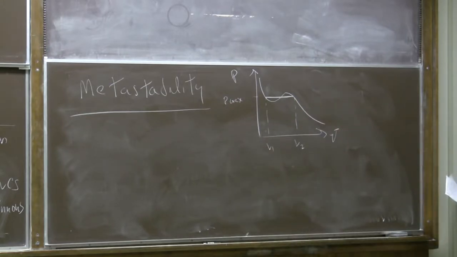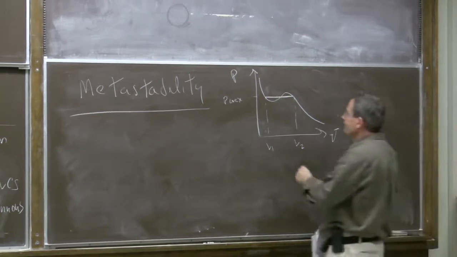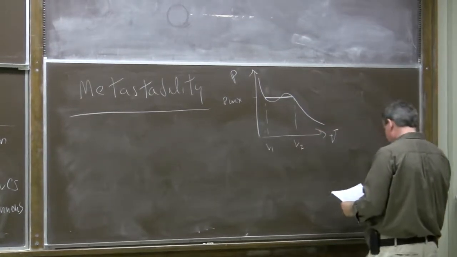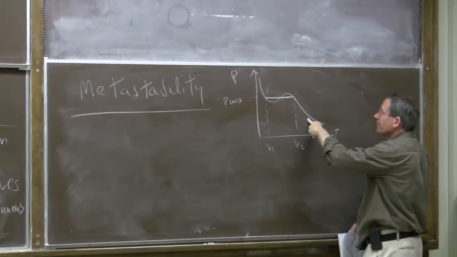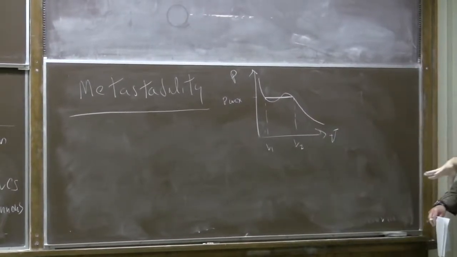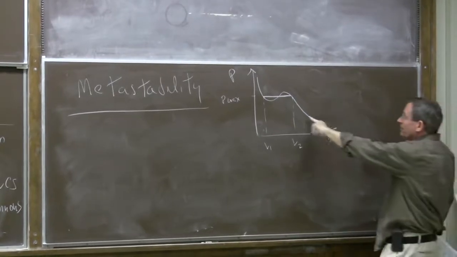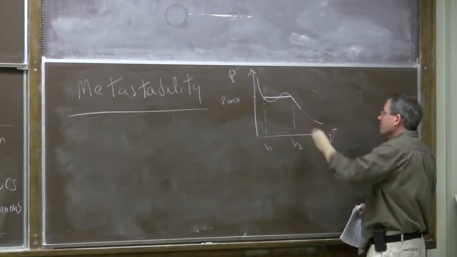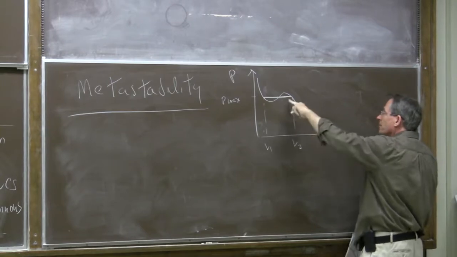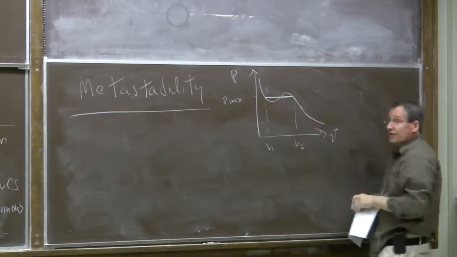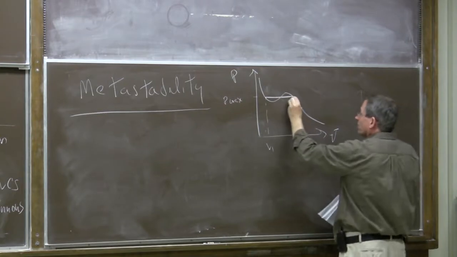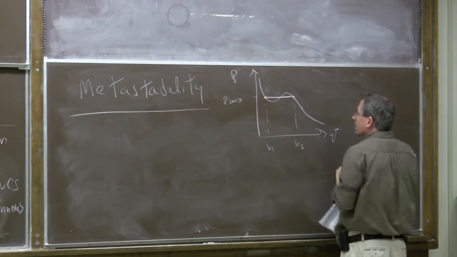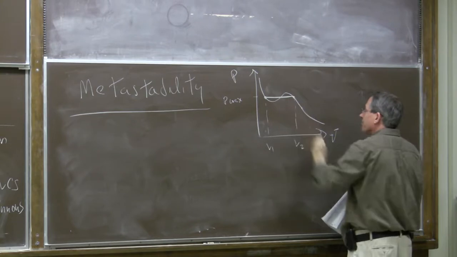So suppose we start out here at large volume, so we have vapor, and then we start to compress the vapor at this fixed temperature described by this isotherm. Eventually we reach this value of the volume where the stable phase is the one which is a mixture of gas and liquid, here say.